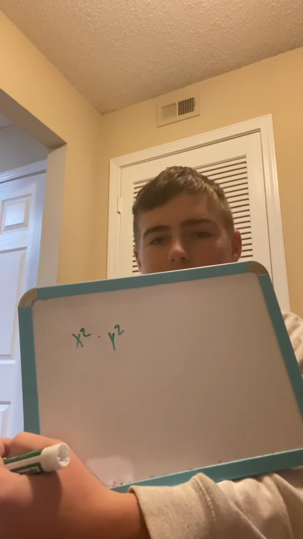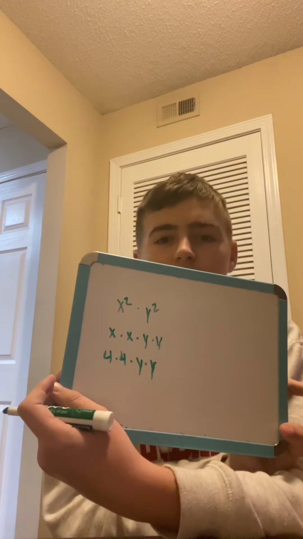So, let's say we want to multiply x squared and y squared. Y squared is another way to say y to the second power. Well, this is going to be x times x times y times y.